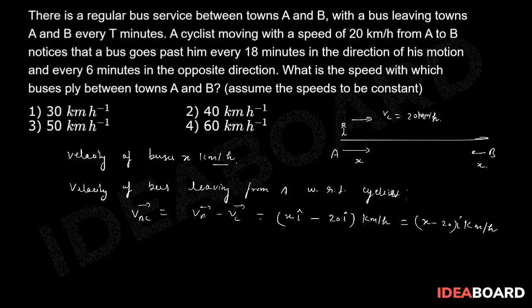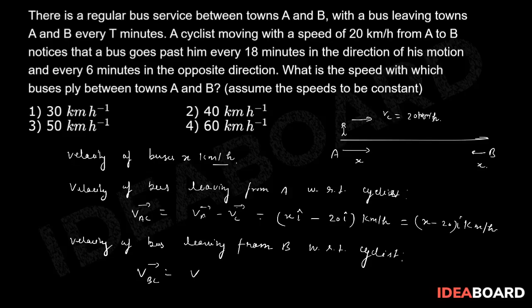And vice versa, the velocity of the bus leaving from B with respect to the cyclist, VBC, is equal to vector VB minus vector VC.